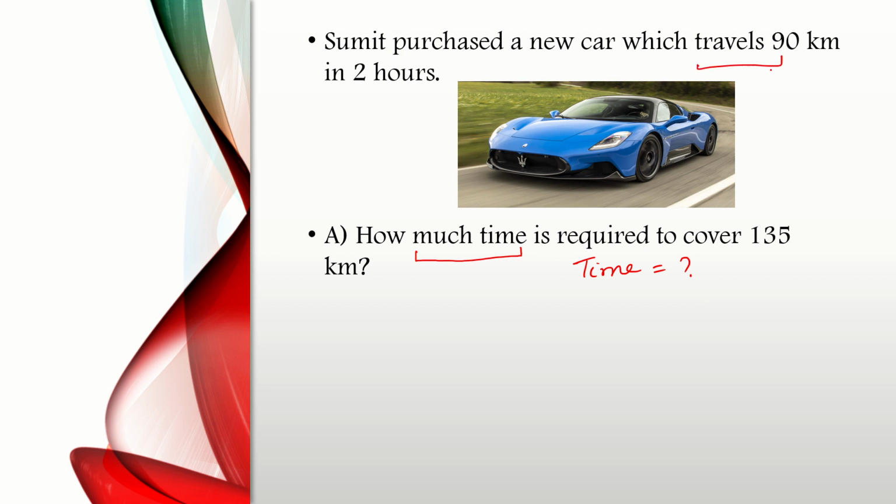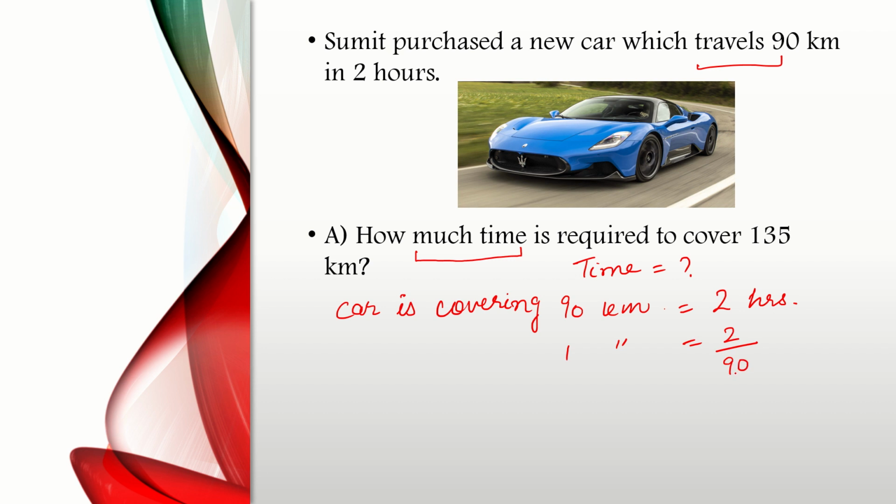So make the statement like this: the car is covering 90 kilometers in 2 hours, means in one kilometer, the car is covering 1 kilometer in how many hours? So I will write 2 upon 90, means 2 divided by 90.